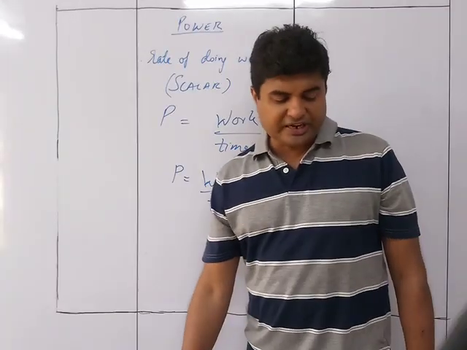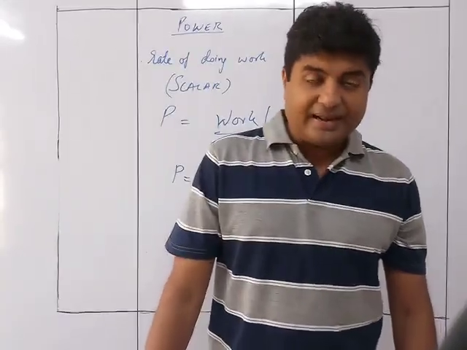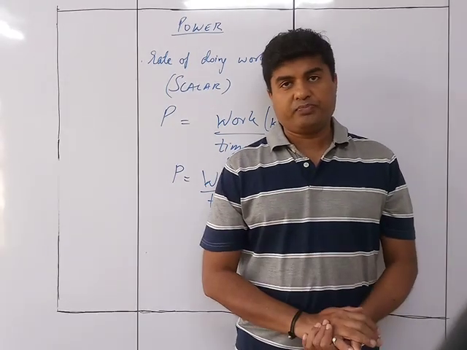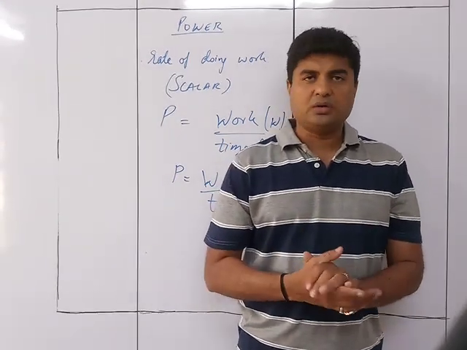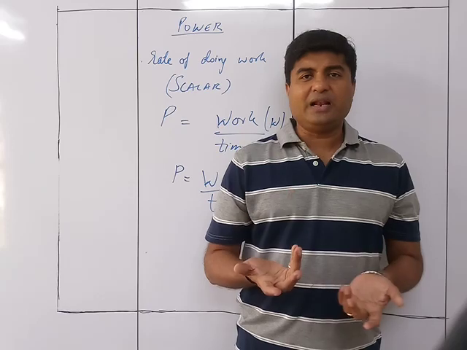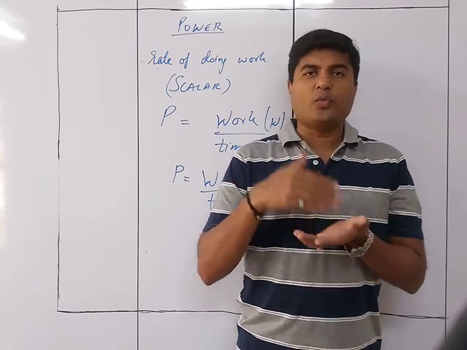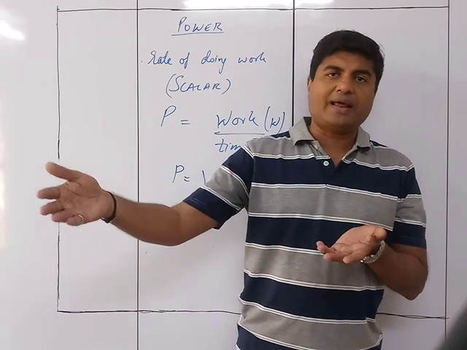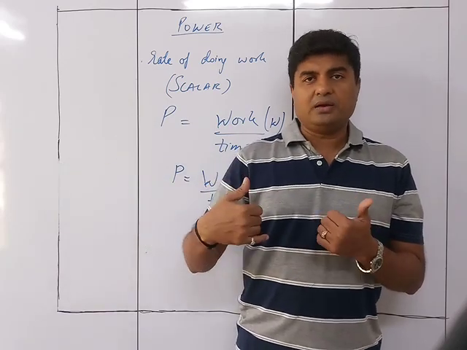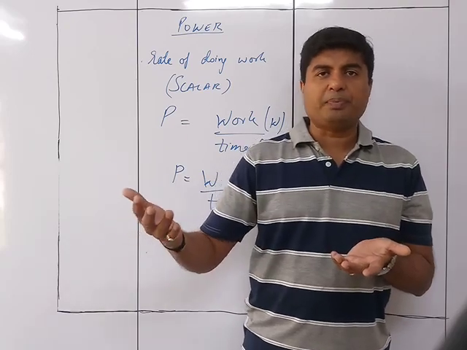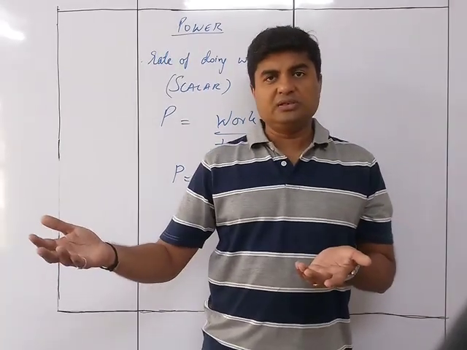If a machine does a given amount of work in less time, then more power is spent in it. Take a simple example, you are cycling, and because you are cycling, you are able to go from one place to another in a particular time. Now if I take a motorbike and do the same thing, I am going to reach the same distance faster.